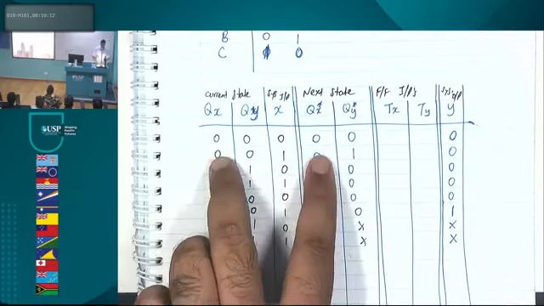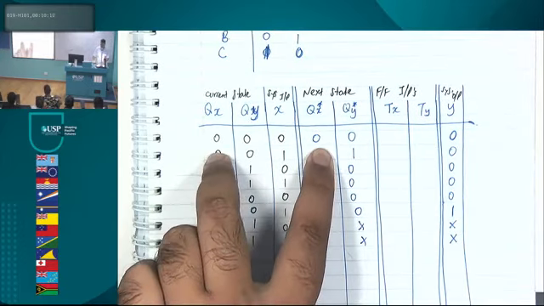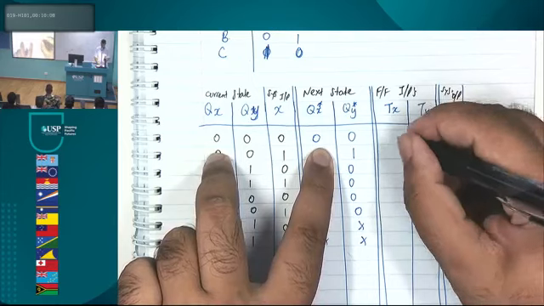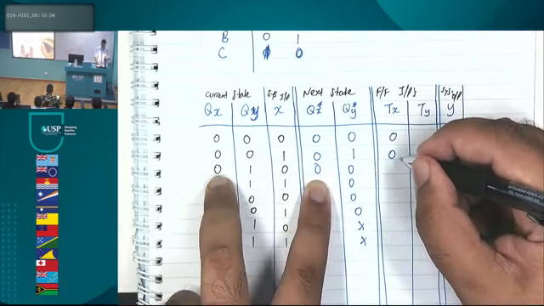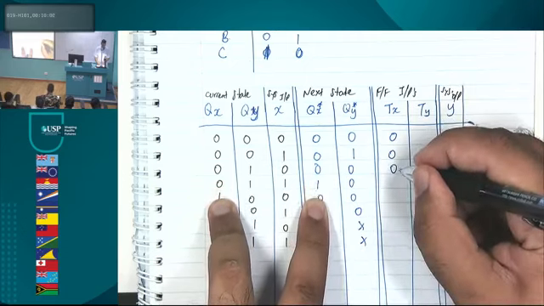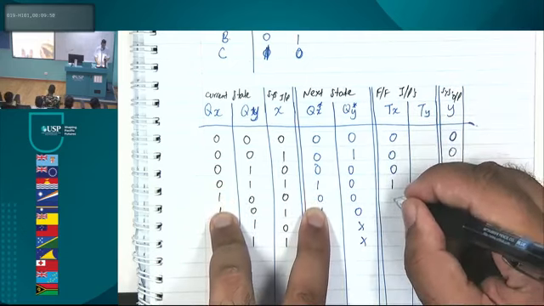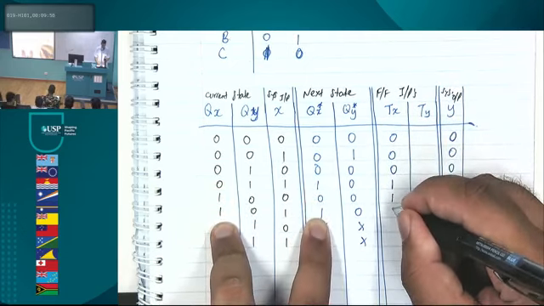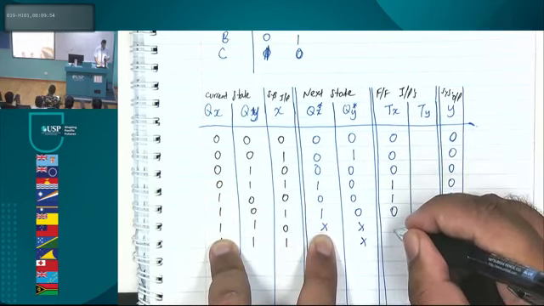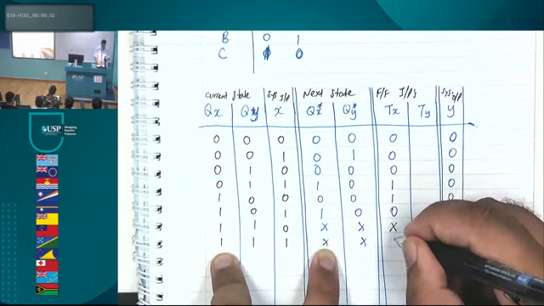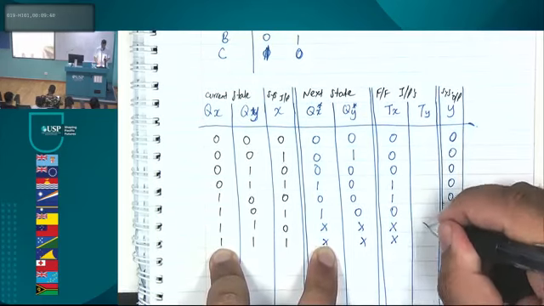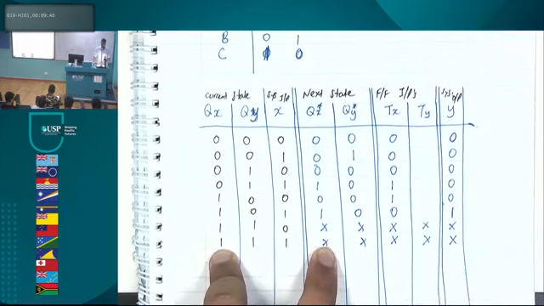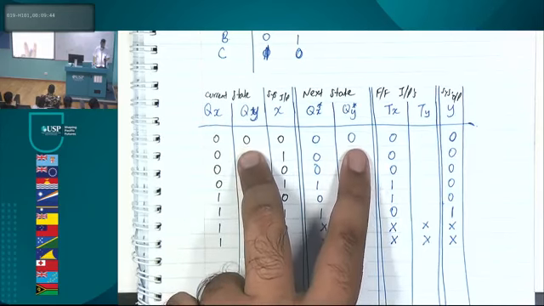All right, 0 XOR 0. What do you get? 0. You see, you can also spread your fingers. 0, 1, 1, 0. What do you get? X. Right, so these two lines are X anyway.